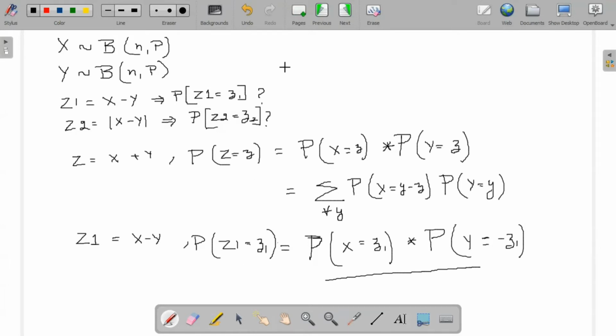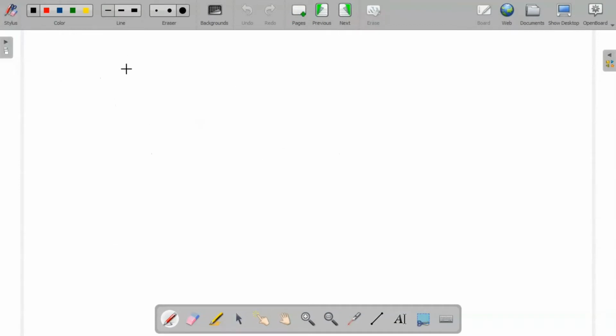So now I will solve it mathematically. Now we will calculate this expression. Firstly, we will use the tabular method. In the tabular method, we will draw a table.